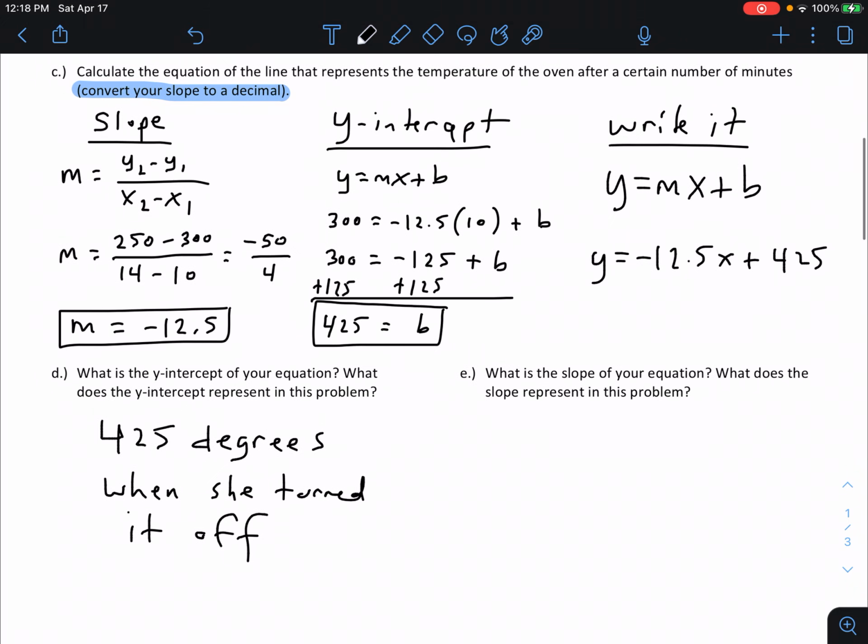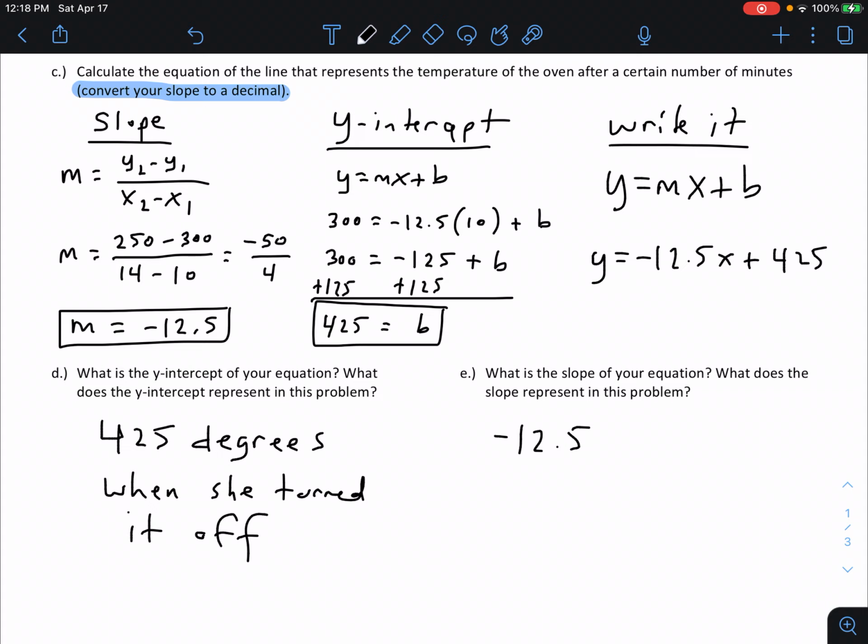Okay, the slope is, well, we just figured out the slope, so I don't have to do any math, so it's negative 12.5. And what does the slope represent in this problem? Well, it's negative, which means that when she turns off the oven, it's no longer going to be heating, so the temperature is going to drop.